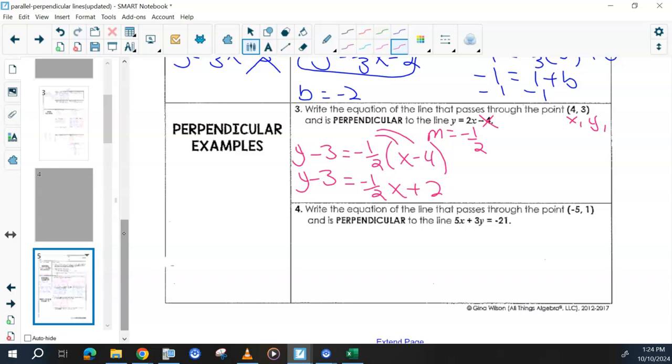And add 3 on both sides. That y equals negative 1/2 x plus 5. Questions on that one before we do the last one?